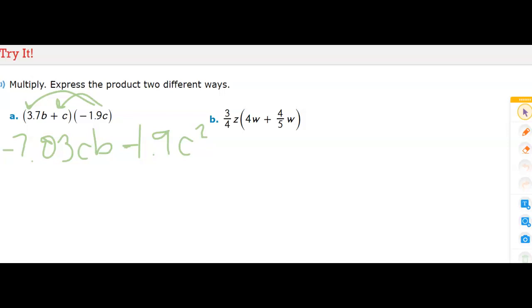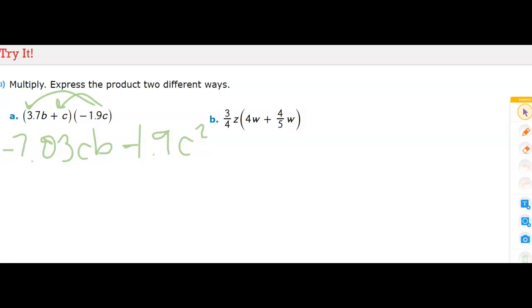And we don't have any like terms to combine here. And it asks you to write it in two ways. The other way to write it, let me write it in the second way.